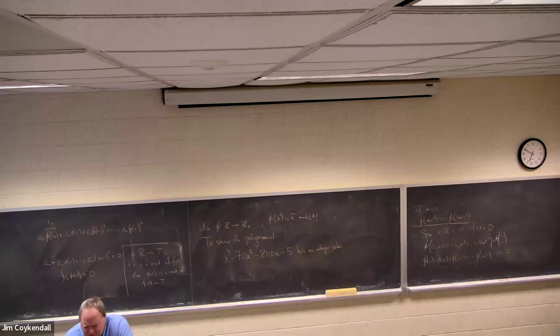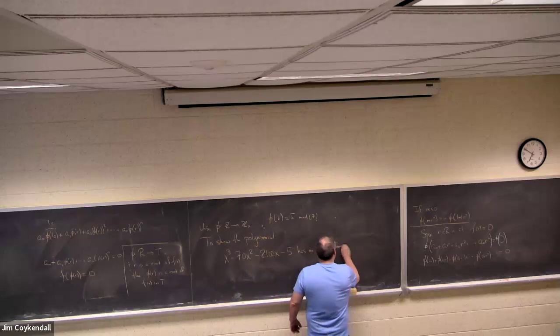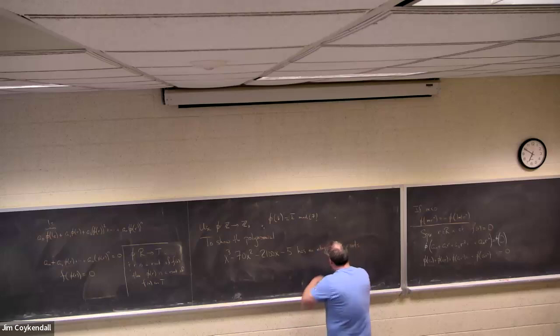I'm sorry, I think that's supposed to be equals 5. This appears to be a typo. Can you all see the exam? What does it say? The polynomial x cubed minus 70x squared minus 2100x minus 5 has no integer solutions. Did I read that right? Yeah. Of course it doesn't make any sense. I wonder if that's a typo.